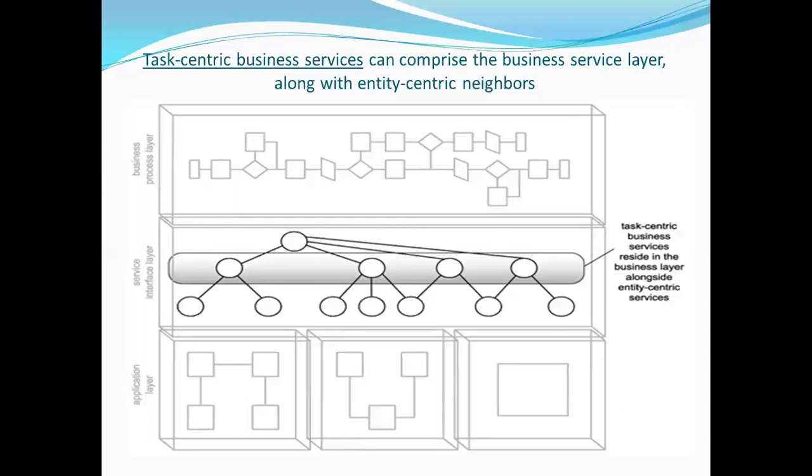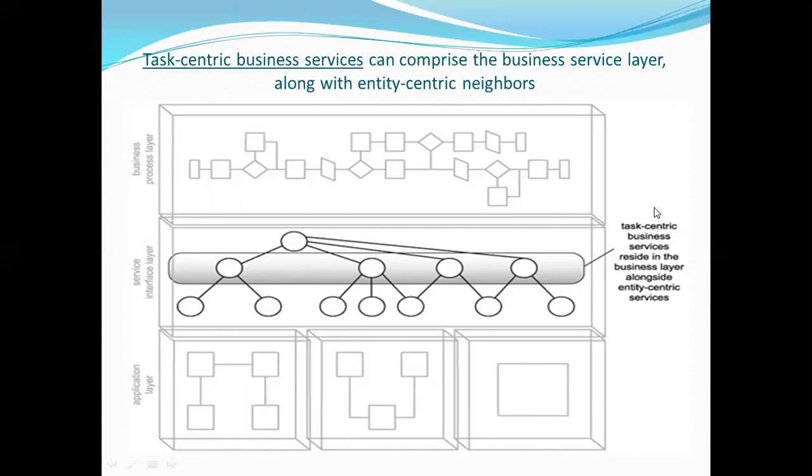See here, the task-centric business service can comprise the business service layer along with entity-centric neighbors. This service layer is shared by the task-centric as well as entity-centric business services.